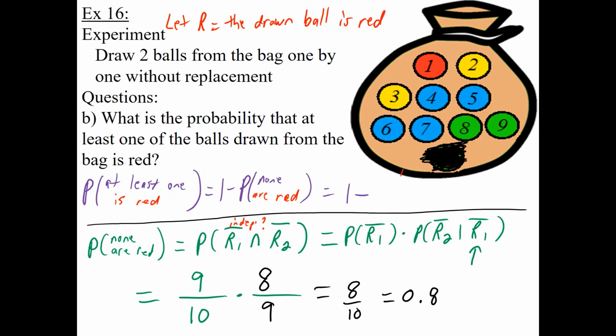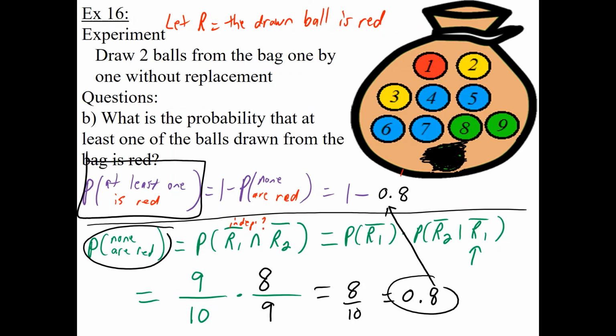That's the answer to the probability of none, 0.8. But now you take that answer and put it over here to get what we really wanted, the probability of at least 1. So it's 1 minus 0.8, which is 0.2. And that's the answer to that one. All right, let's try one more.